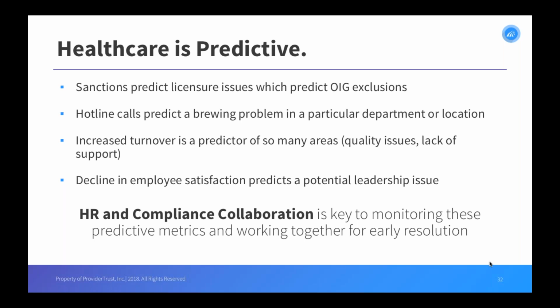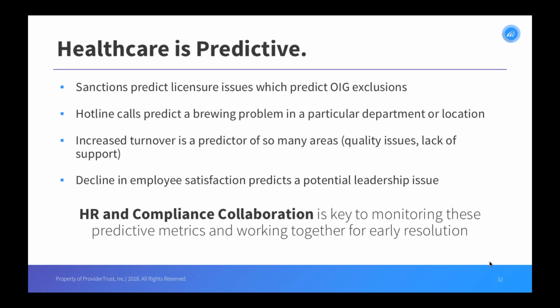The typical life cycle of an exclusion starts from a state sanction. So, say a state licensing board in Kentucky issues a disciplinary action against a licensed provider. As a result, that provider's license is suspended or revoked, and that license revocation ultimately leads to an OIG exclusion. It's a very common pattern. So we see it all the time.